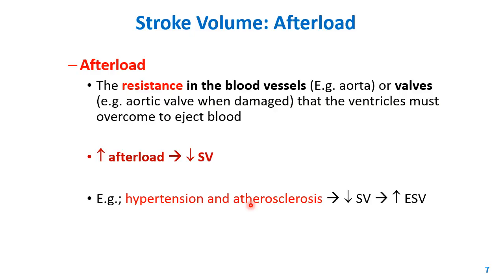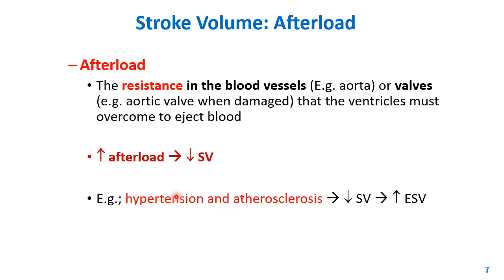If you have atherosclerosis, which is hardened blood vessels, if your blood vessels are not very elastic, then your resistance to that blood flow is going to be increased. So that is going to increase your afterload.